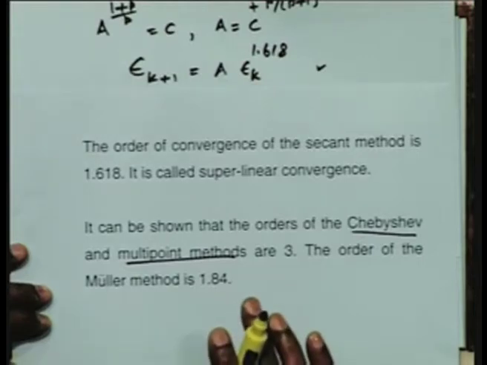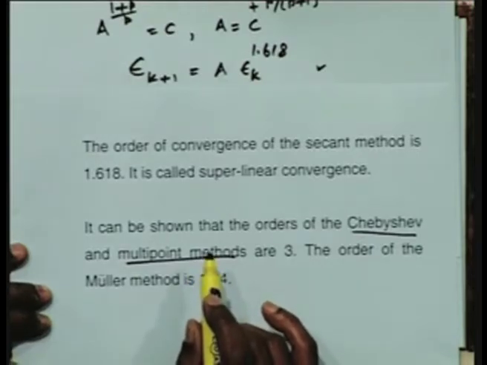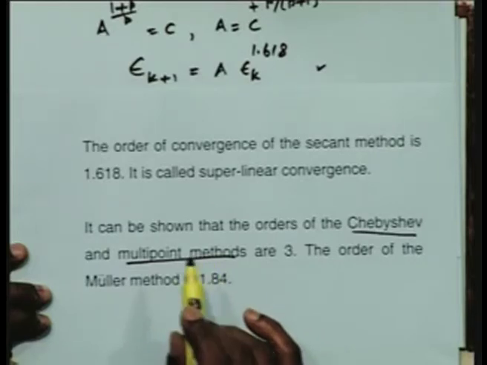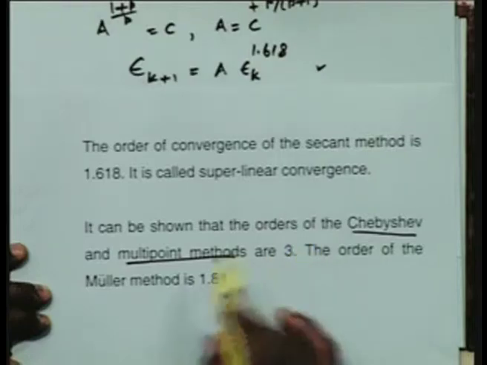Whichever multi-point method we use, if you remember, we have derived two multi-point methods. One was using one function evaluation and two derivative evaluations. The other was using two function evaluations and one derivative evaluation. Depending on the cost of evaluating the function or the derivative, we can choose the proper multi-point method to find the solution of the problem.